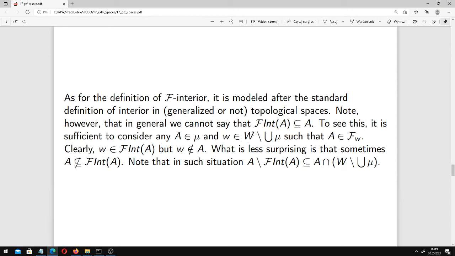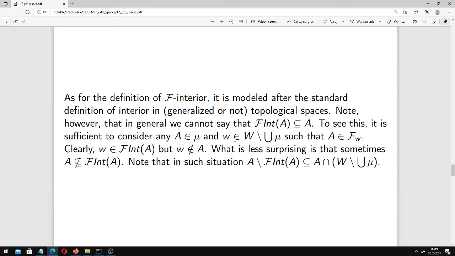The definition of F-interior is modeled after the standard definition of interior in generalized or not generalized topological spaces. But note, however, that in general we cannot say that the F-interior of A is contained in A. Well, to see this, it is sufficient to consider any open A and any element which is beyond the biggest open set, such that A is in F(w).